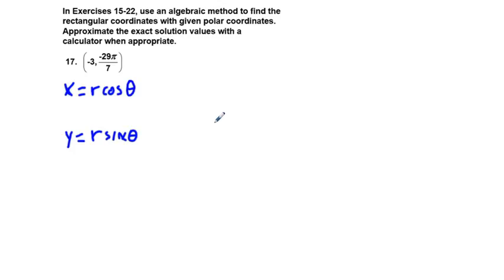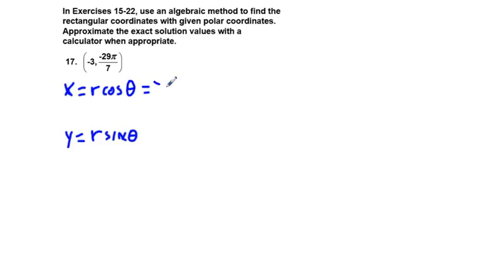And we're given these angles in radian measure. If we use our calculator, which we're going to have to do since we don't have a standard fraction in a standard unit circle, we're going to have to use this formula purely.